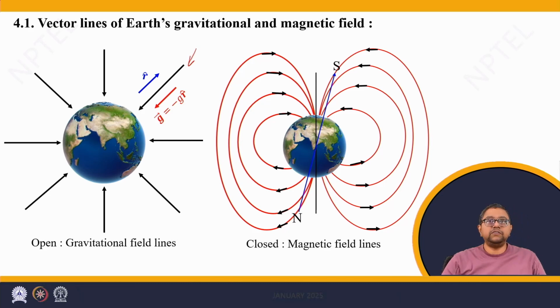The gravitational field is directed along the radial direction while the magnetic field lines form a complex loop. So this complex loop is similar to that which is generated by a bar magnet and is popularly known as the dipole field of the Earth.